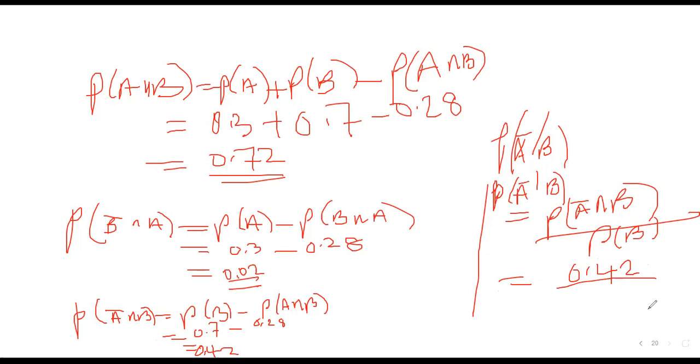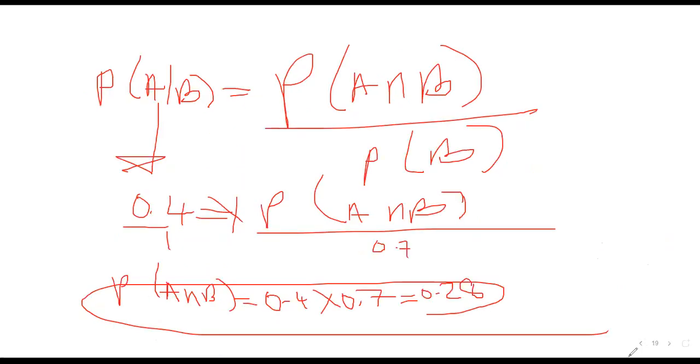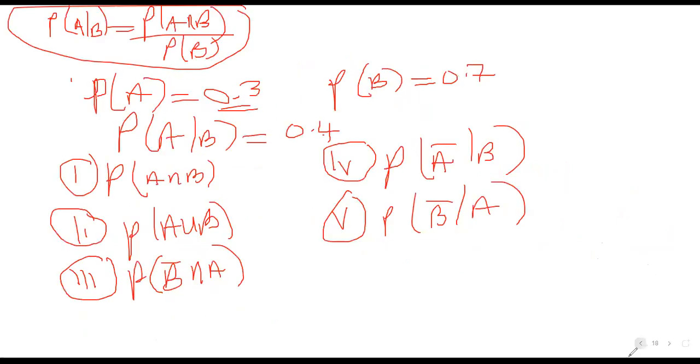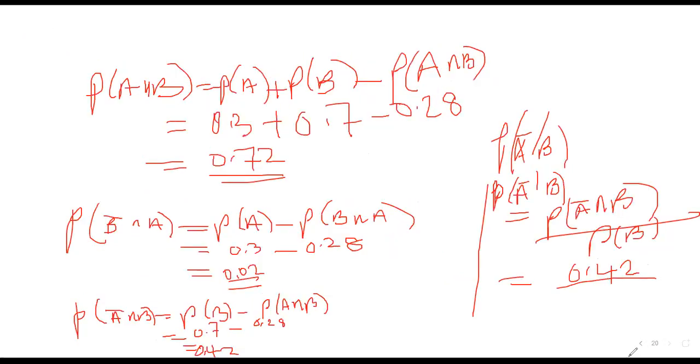What's probability of B? Probability of B is 0.7. Are you getting what I'm saying? Sorry, the one that we found 0.42 was for which one? Okay, the one for 0.42 was probability of A complement intersection B.